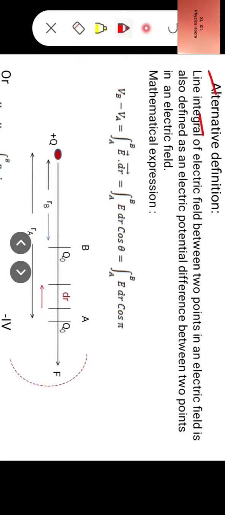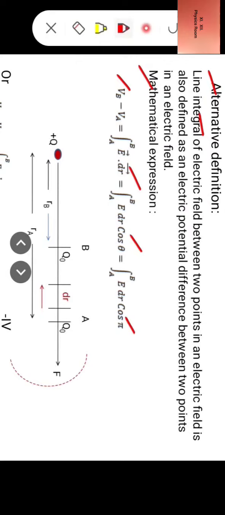Okay, so mathematical expression, how we write: Vb minus Va is equal to integration a to b E dot dr, or it is equal to integration a to b E dr cos theta, or it is equal to integration a to b E dr cos pi. Now the theta between E and dr is pi. How it is pi? Let us see in the diagram. So the direction of E and F is same here, and the direction of dr is opposite to electric field.